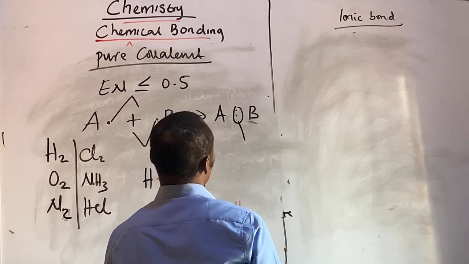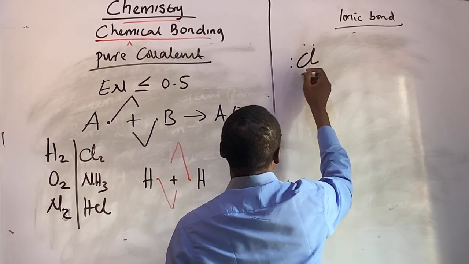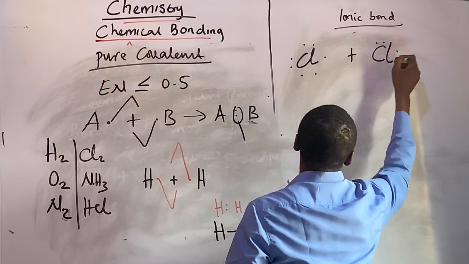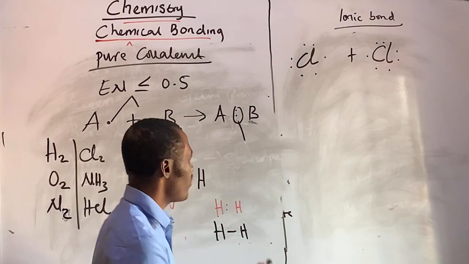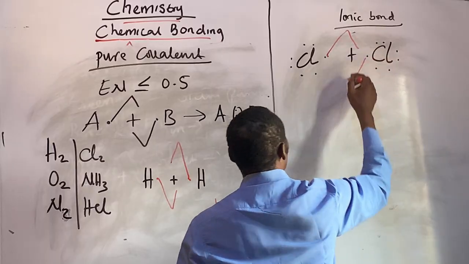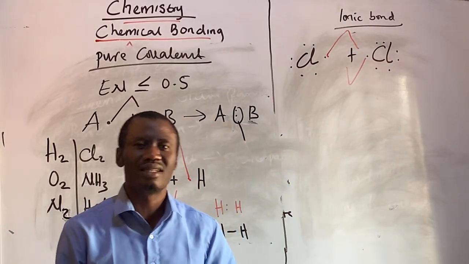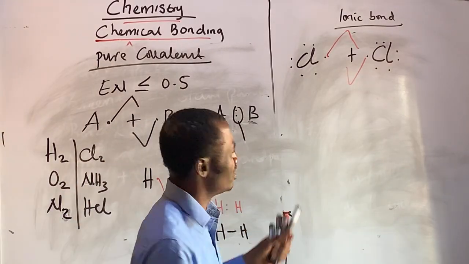Okay. Now let's start with chlorine. Chlorine has valence electrons: 2, 8, 7, and then we have over here 2, 8, 7. Now there is a sharing of electrons between the two atoms. Why I say this is that it happens occasionally between non-metals.